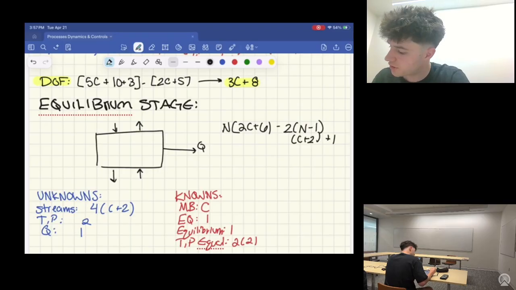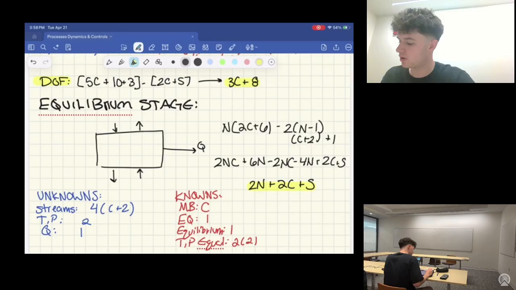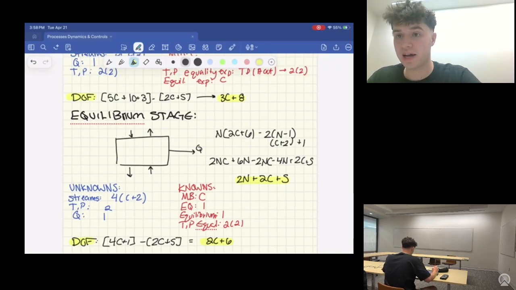Now you distribute all of this out, and you get 2nc plus 6n minus 2nc minus 4n plus 2c plus 5. Once everything cancels, you arrive at the equation 2n plus 2c plus 5. This is the degree of freedom equation for all of our stages in series. So now that we have this one, we still need to add the last couple.